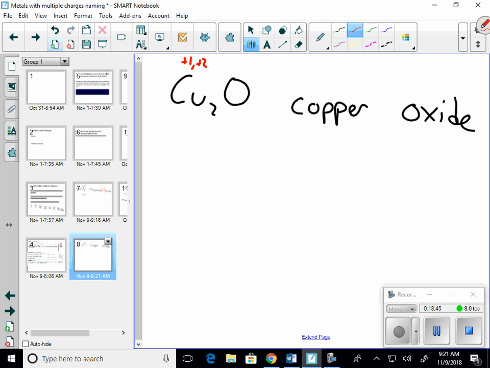The way we figure out the charge of the metal is by knowing the non-metal. What charge does oxygen have? -2. And there's only one oxygen in this formula, so my total negative charge is -2. I have 2 coppers to balance that out.